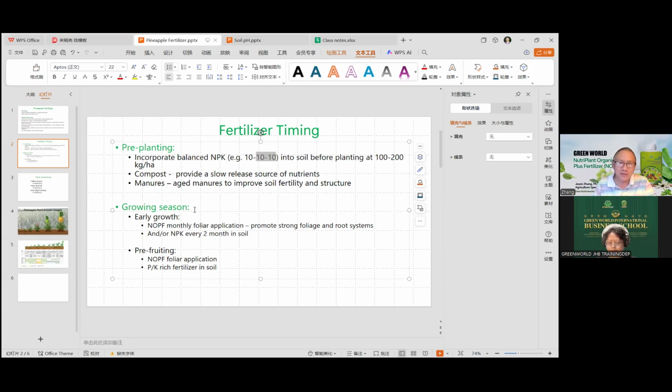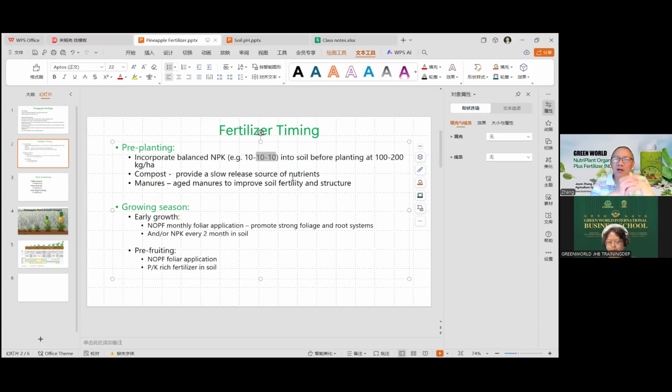In the growing season, we have the early season and the fruiting season. As we discussed, this is important: we understand that our fertilizers are amino acids. We can label them as nitrogen-based fertilizer plus a lot of other functions, but it's more for the early stage.